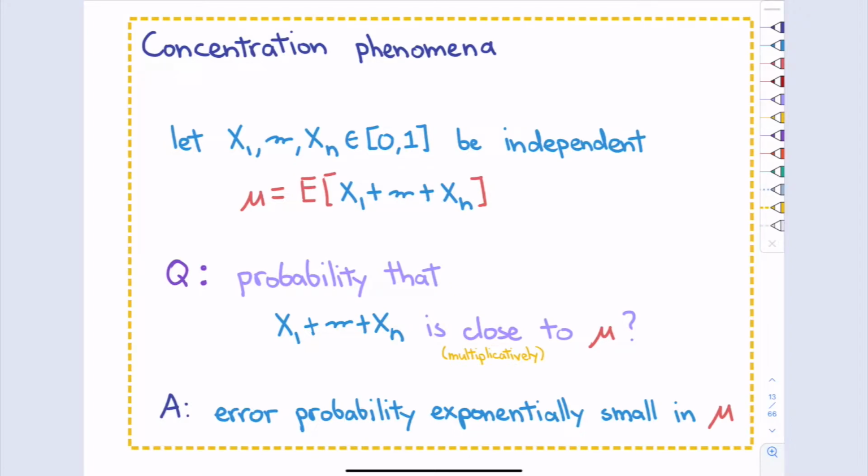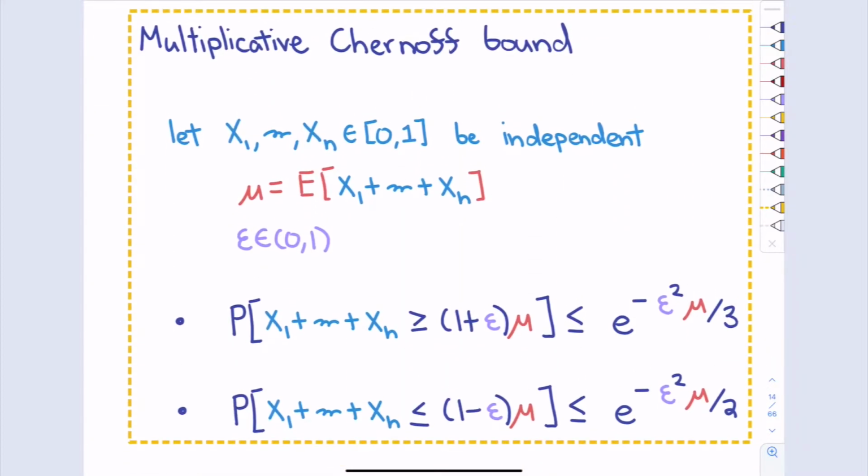So the bounds could have been like, the odds of being bigger by 5% is roughly e to the negative 0.05 squared times the average. Likewise, the odds of being 5% lower, e to the negative 0.05 squared times that average. So we've used this many times already.